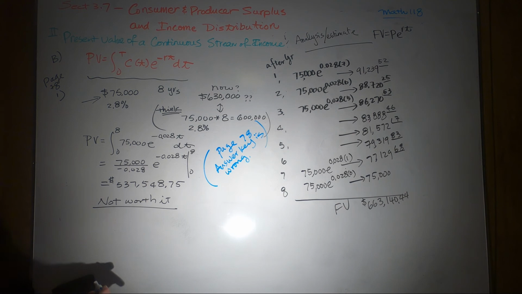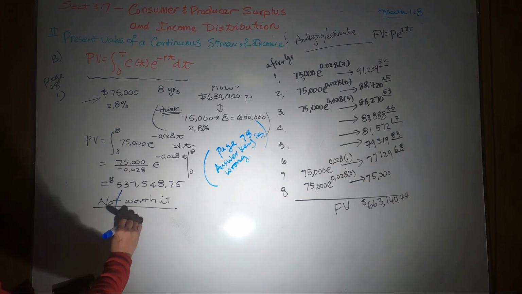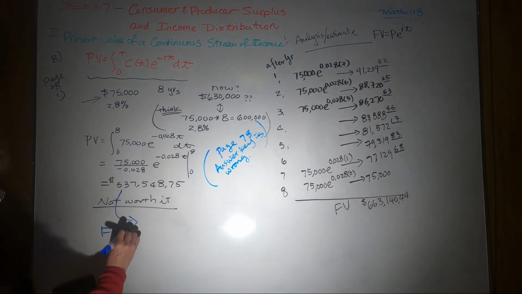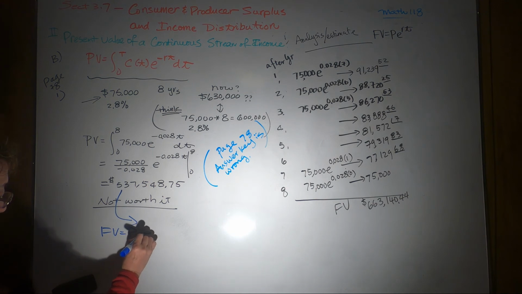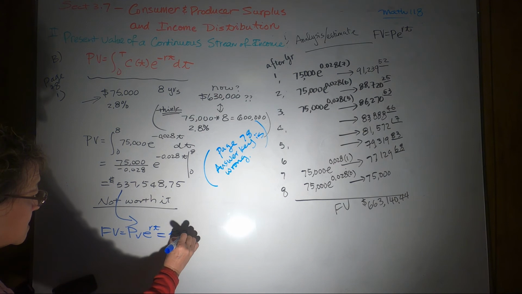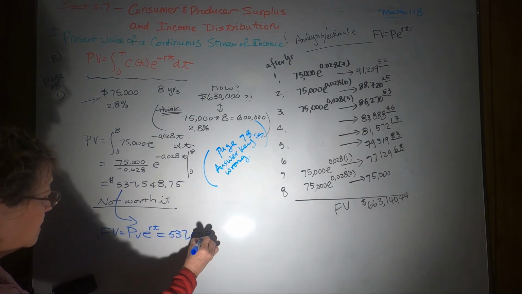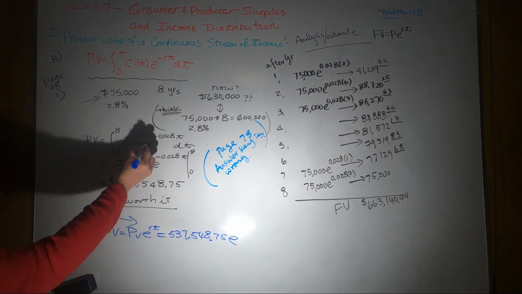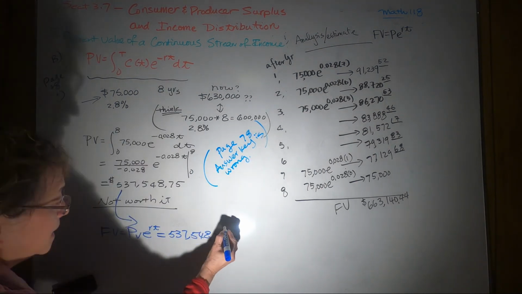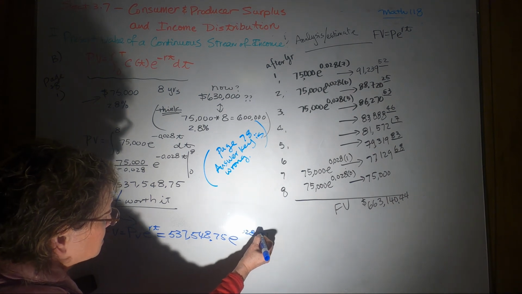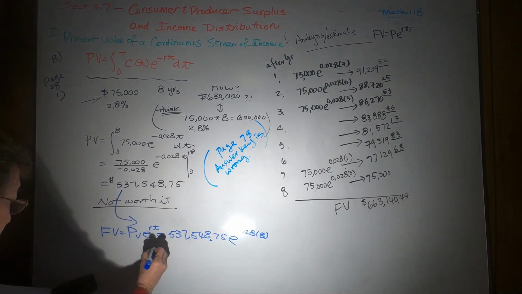Then I say, okay, how about I use this? This is my present value. So my future value is what? Present value times e to the rt, right? So I plug in this number, 57,548.75. I times e to the r, which is 0.028, for 8 years, according to the formulas.